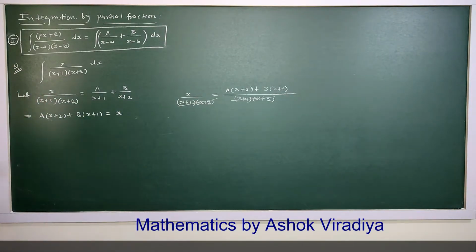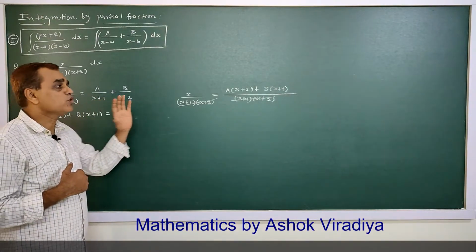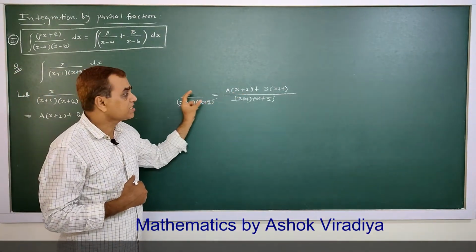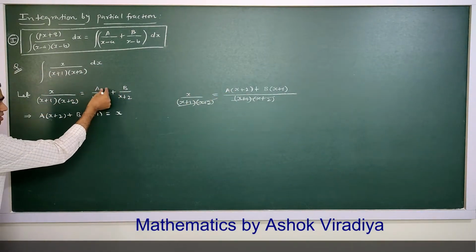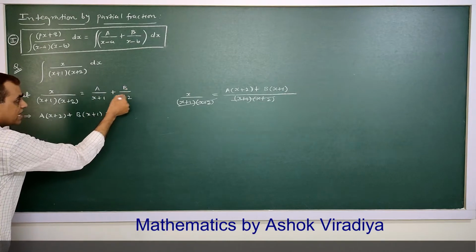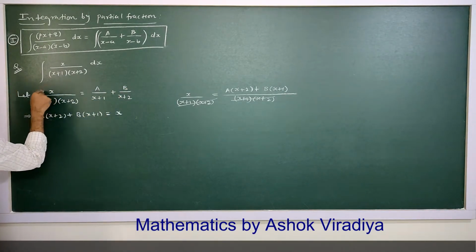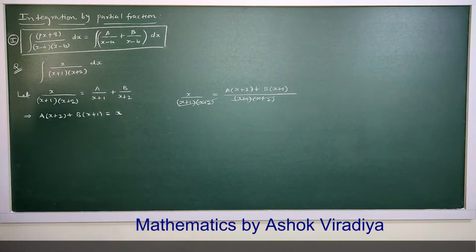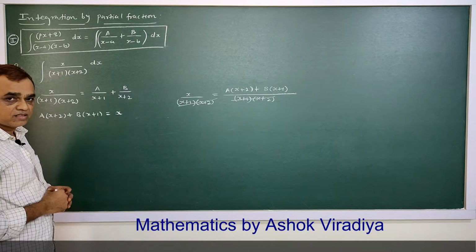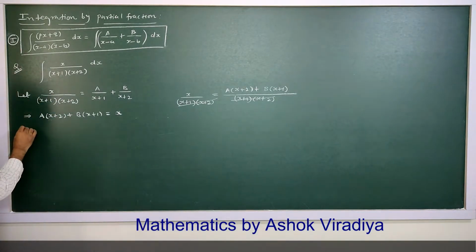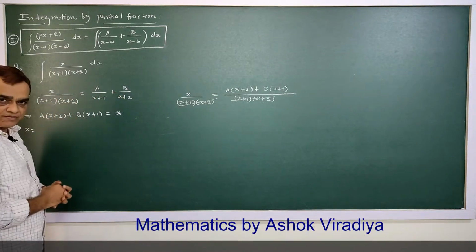So every time, no need to show calculation in detail. We will skip such a step. After this step, by observation, a into this number plus b into this number, LCM cancels. This is left, you keep on the right side. Now this is an equation in which x can take any real number. We want to find values of a and b.